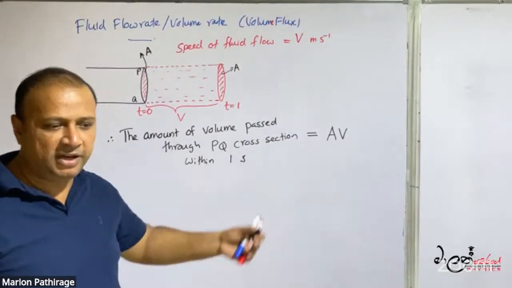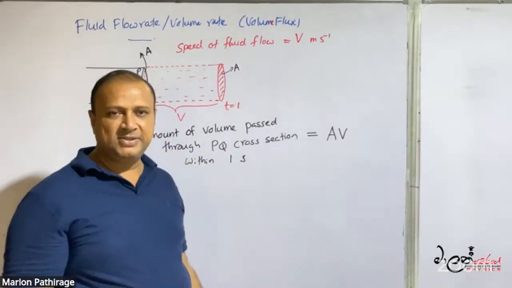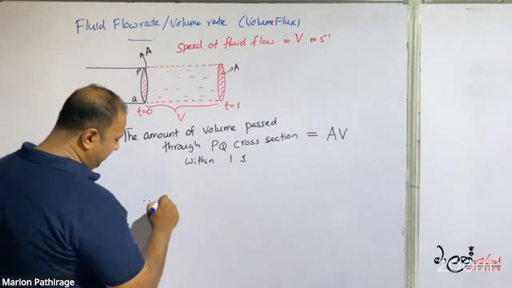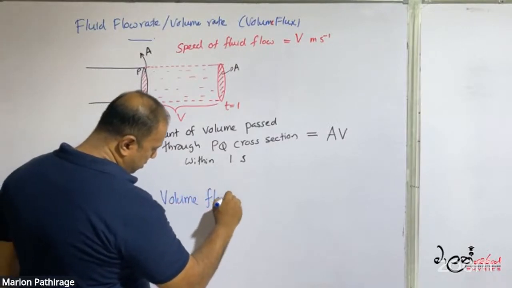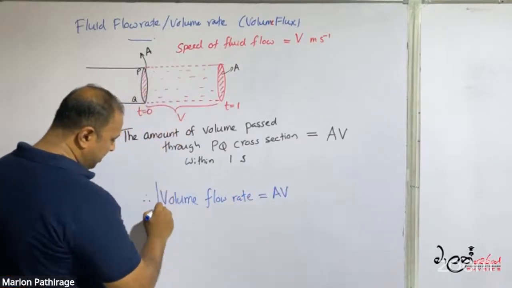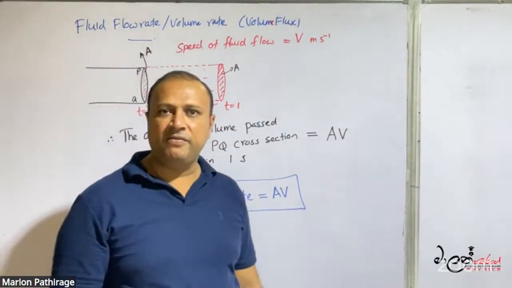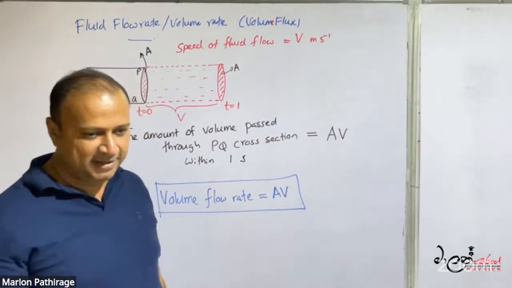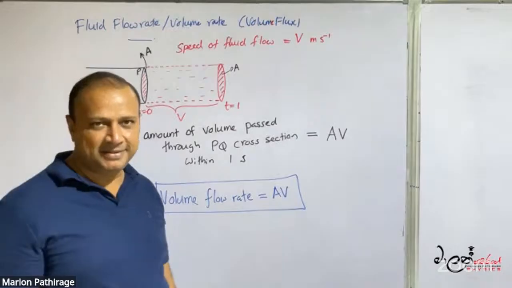That is the volume flow rate, because it is the volume flowing within 1 second. So volume flow rate equals AV, where A is the cross-section area and V is the speed of flow. Is that clear?